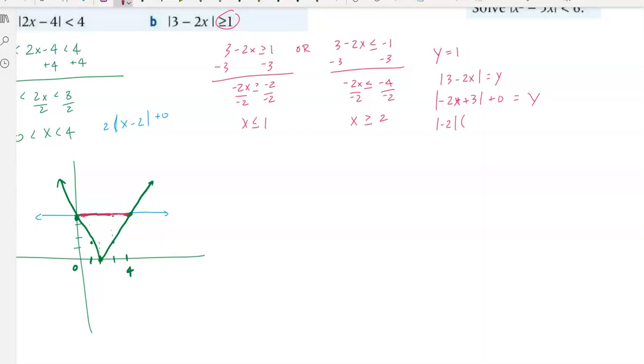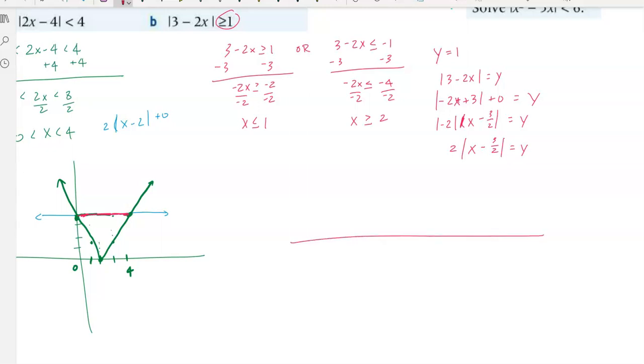That's going to give me a fraction. Absolute value of x minus 3/2 equals y, so 2 times the absolute value of x minus 3/2 equals y. Okay. So that means that's 1.5.